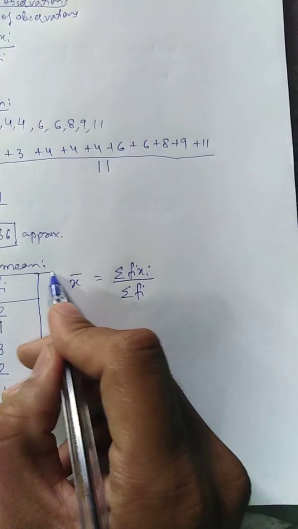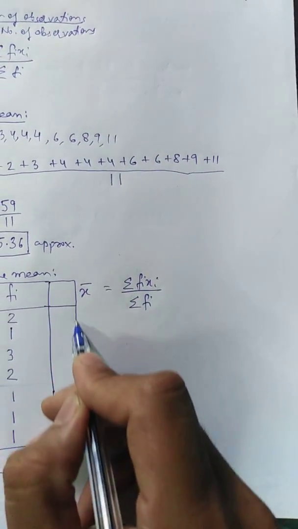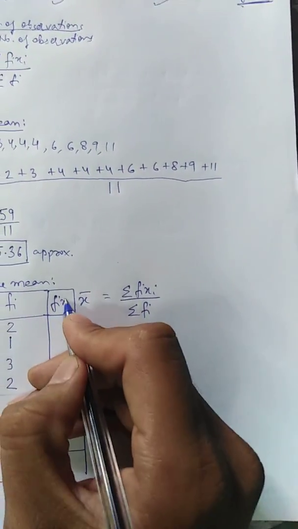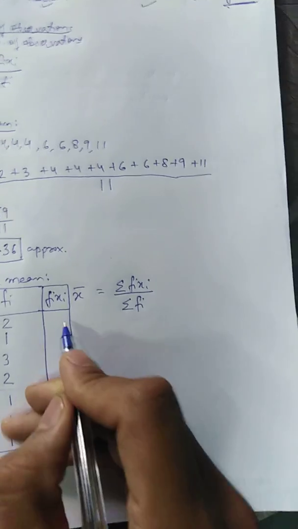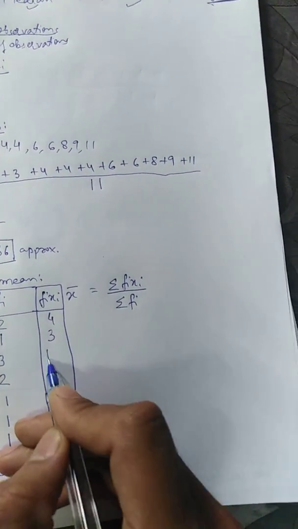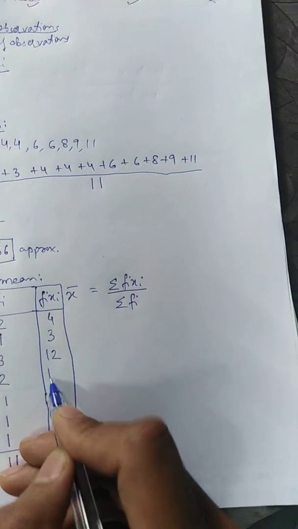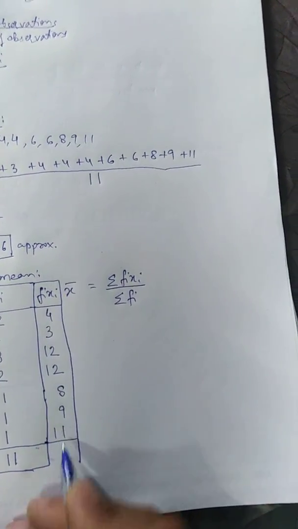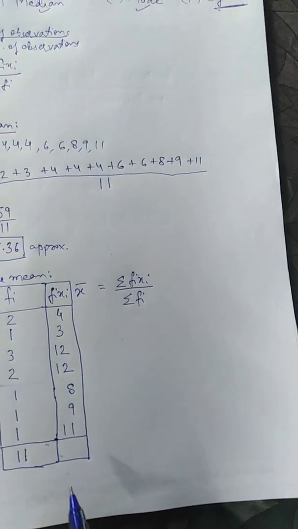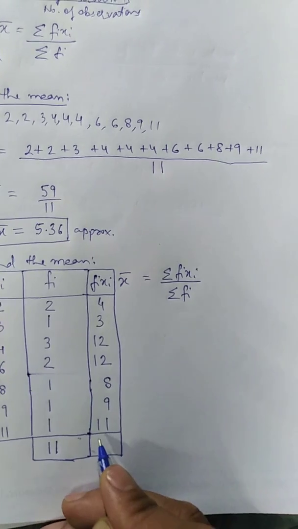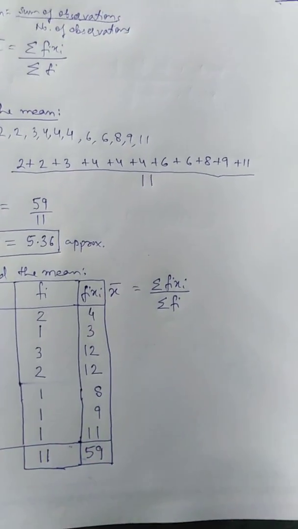For this we need to find fi xi at first. So 2 2s are 4, 3 1s are 3, 4 3s are 12, 6 2s are 12, 8 1s are 8, 9 1s are 9 and 11 1s are 11. If we total all these, we will find the sum to be 59.